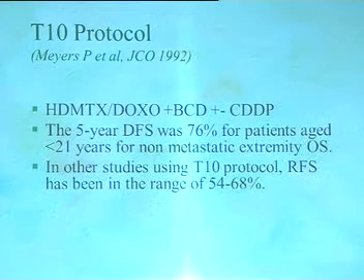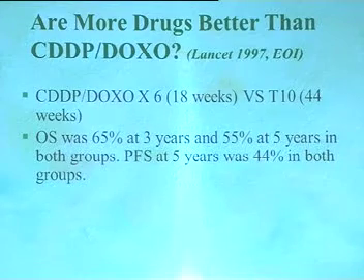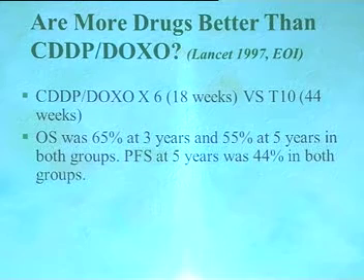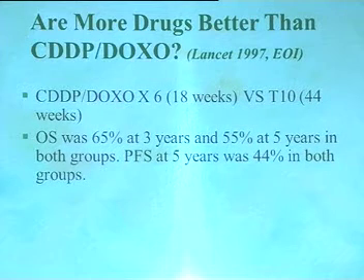However, when other centers tried the same protocol, the relapse-free survival was never 75%. It always stayed in the range of 55 to 60%. Then the European Osteosarcoma Intergroup did a trial to see if just two drugs, cisplatinum and doxorubicin, were better or worse than the more complicated T10 protocol.